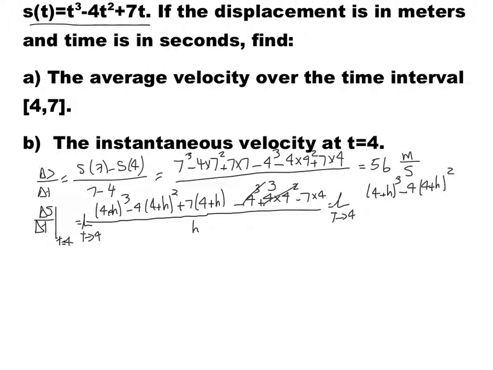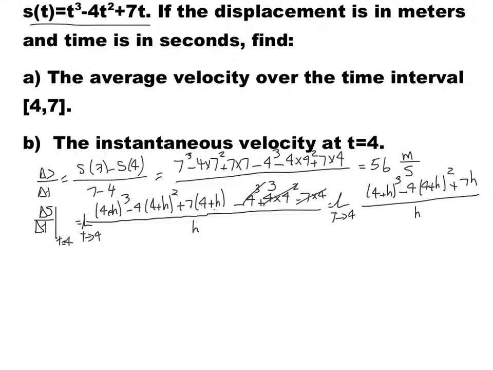If we expand 7 times (4 plus h), it's going to give us 7 times 4 is 28. It goes with this negative 7 times 4, and then we're going to end up with 7 times h. So it's going to be plus 7h, divided by h.